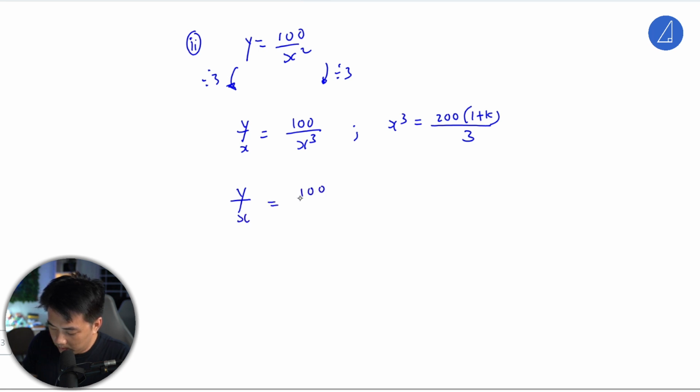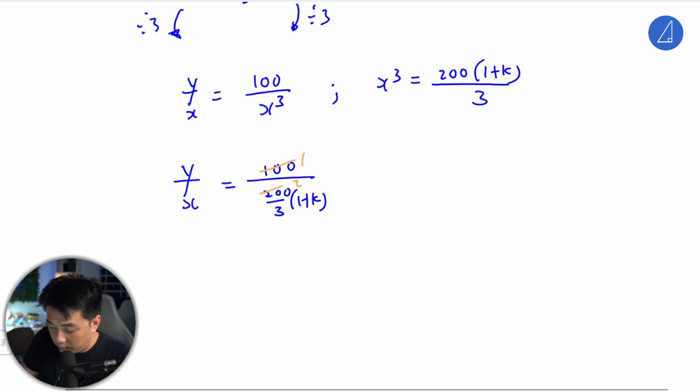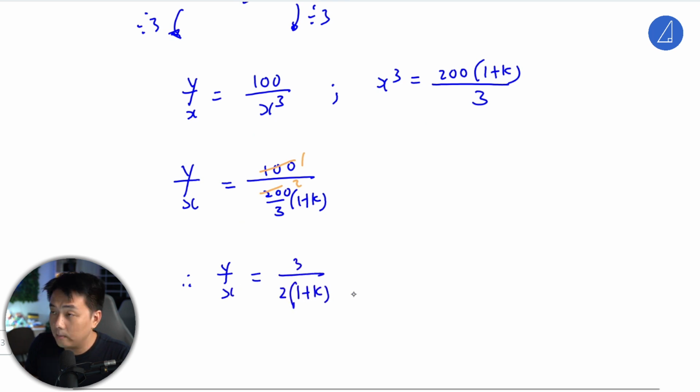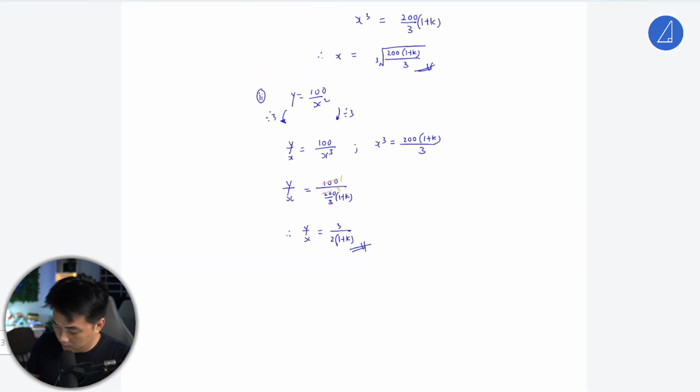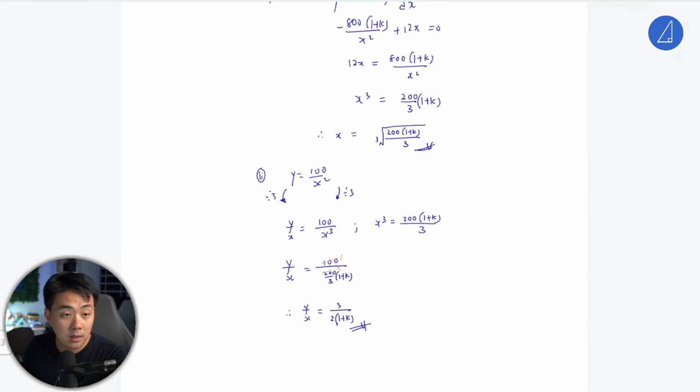So 100, and we're just going to simplify this. This over here is 1 and 2, so it's 3 over 2. Then y over x equals 3 over 2(1 plus k). So there you go, got answer 2.